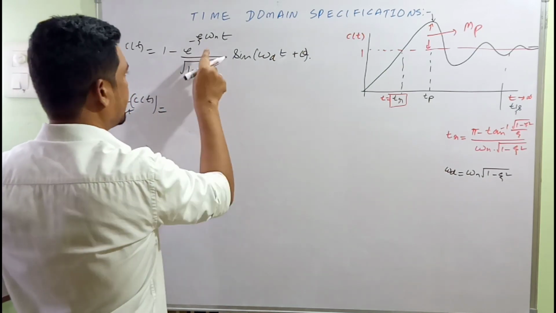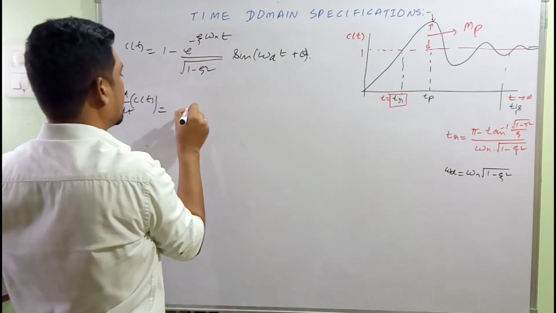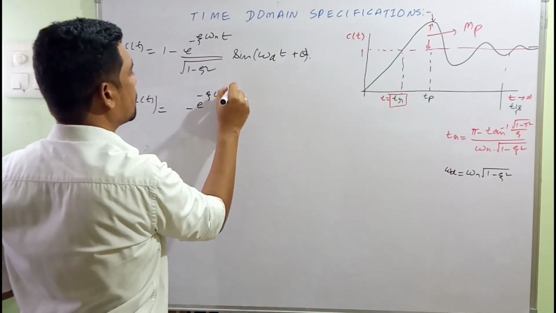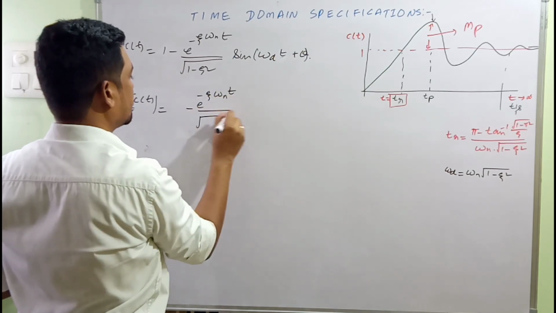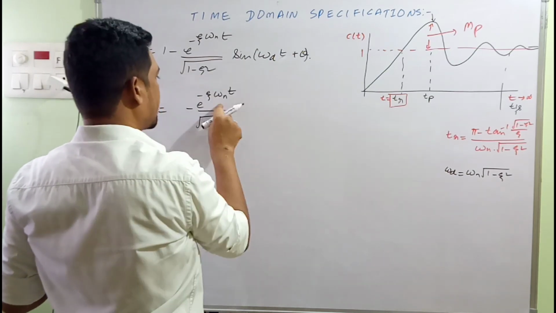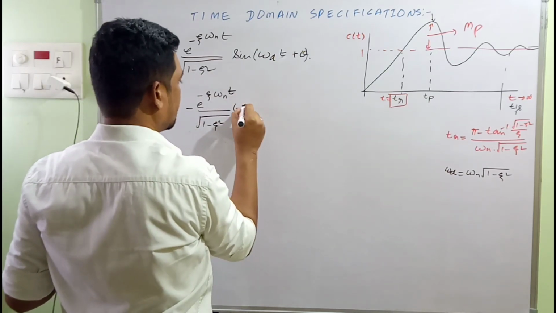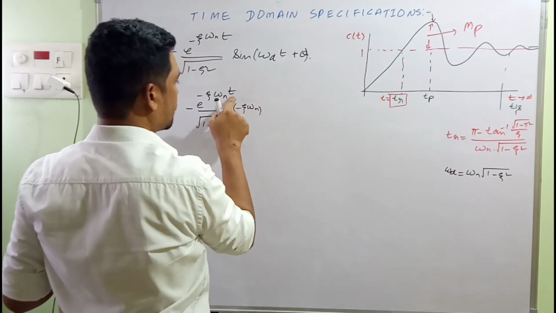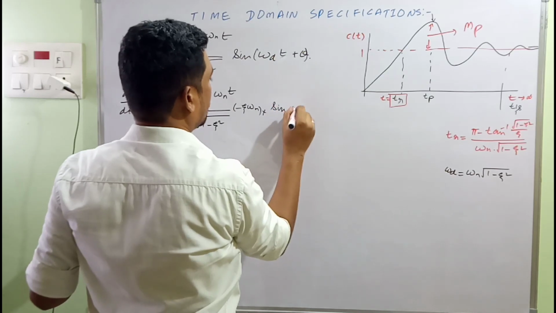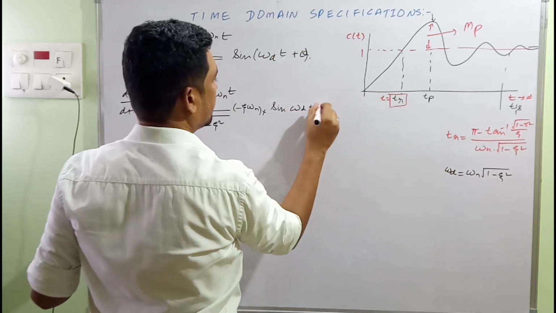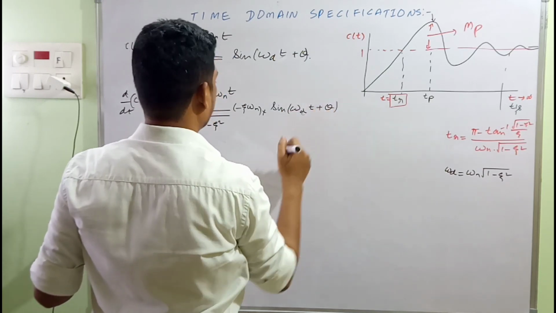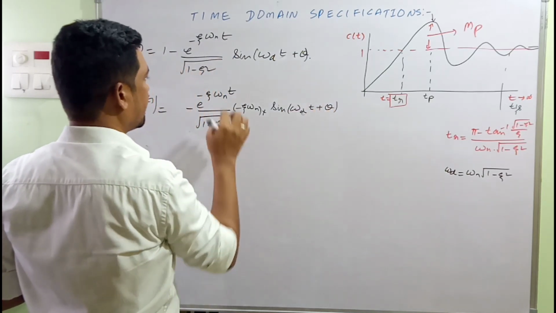Derivative of the first term: it's a minus of e raised to minus zeta omega n t upon under root 1 minus zeta square, and the derivative of the first function, so we have minus zeta omega n with respect to t again, into the second function as it is, sine omega d t plus theta.